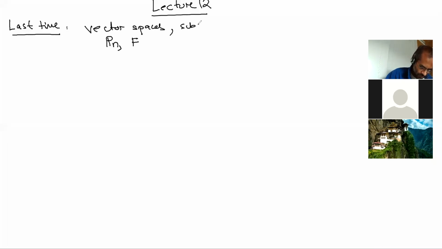We talked about subspaces, which is pretty much the same definition. Then we revisited all our previous definitions of linear combination, span, linear independence, and they're exactly the same. They just use whatever the new notion of addition and scalar multiplication is in the vector space.